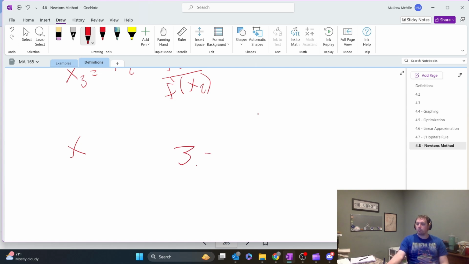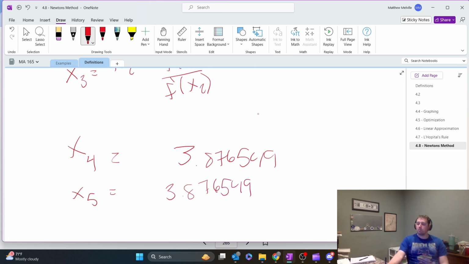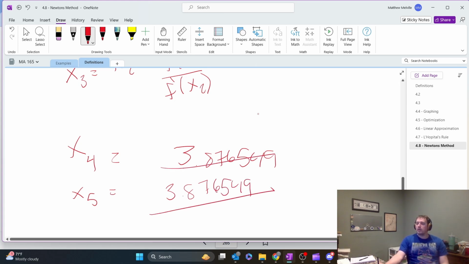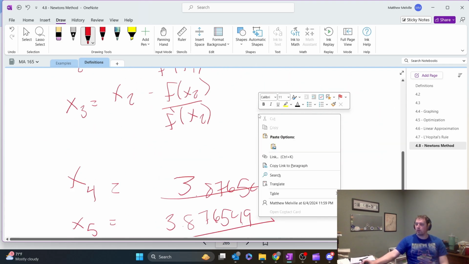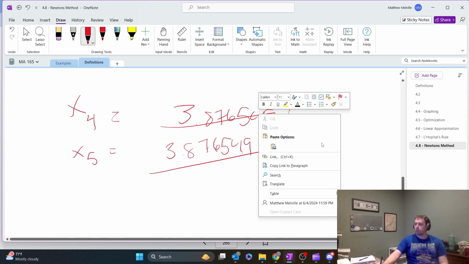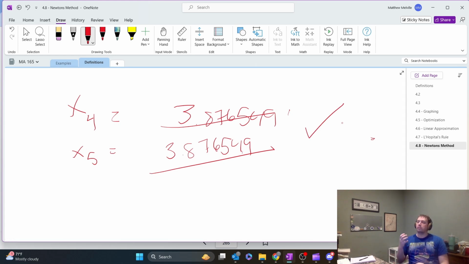Say 3.876549, and then if that was x sub 4 and x sub 5 equals 3.876549, which is a totally made up number, then because it repeated, I'm going to be done. Call it good. So the whole point of Newton's method is just to try to find roots that work.